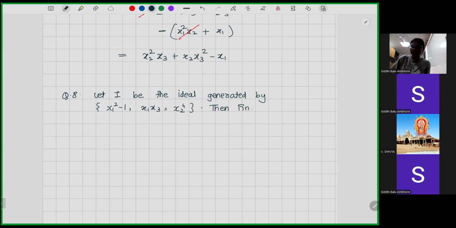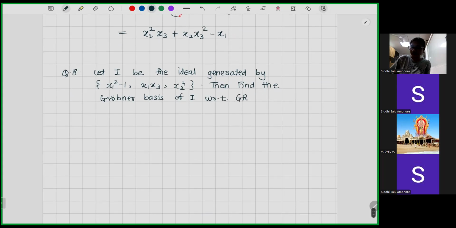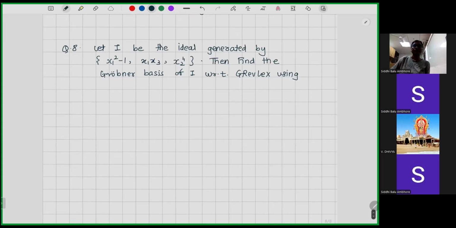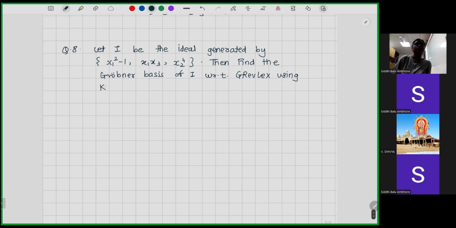Then they are saying: find the Grobner basis of I with respect to graded reverse lexicographic order, or G reverse lexicographic order, whatever you prefer, using Buchberger algorithm.